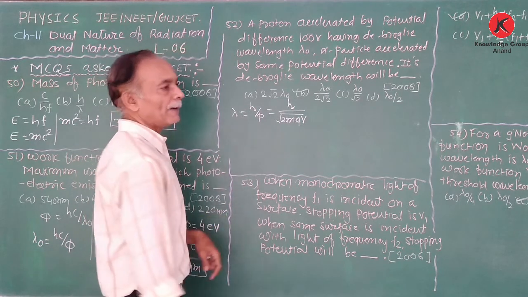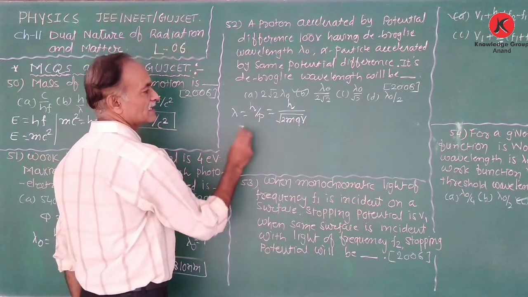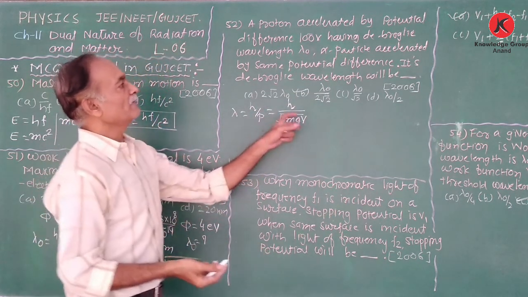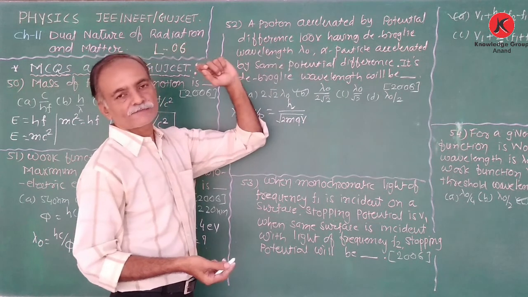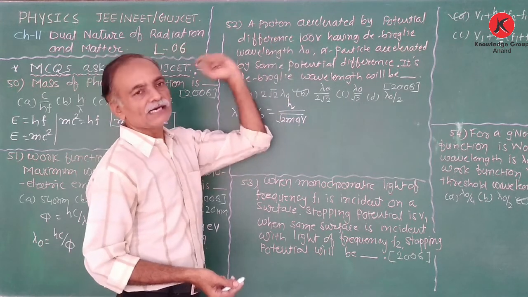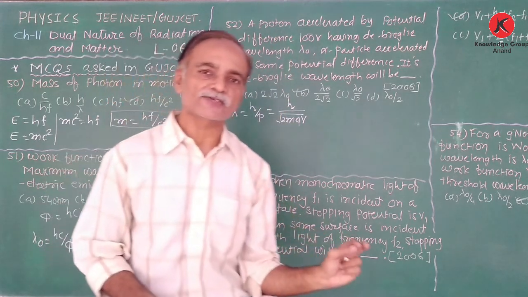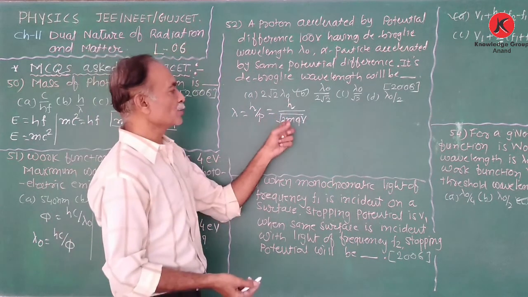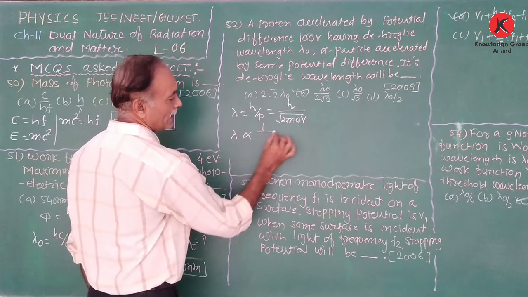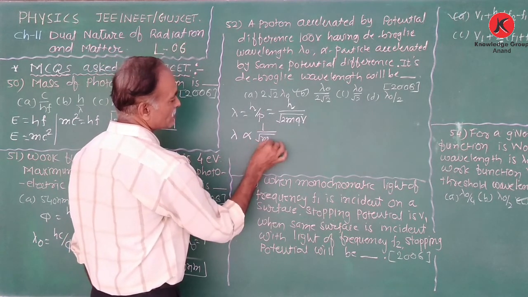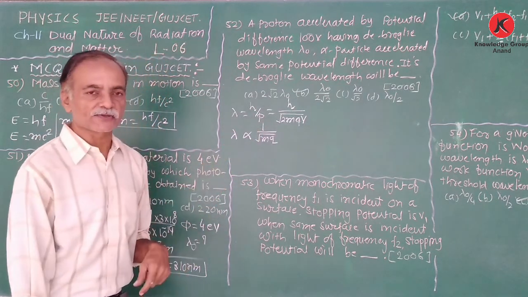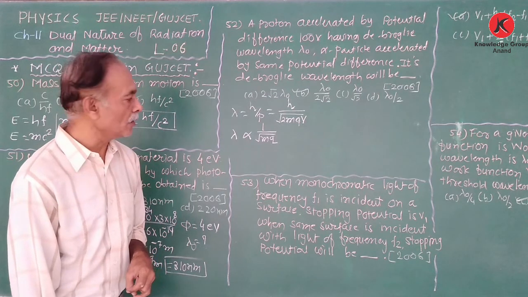Now for the alpha particle, in this equation h upon under root of 2mqV, the voltage is given the same. To accelerate either the proton or the alpha particle, both are accelerated by the same potential difference of 100 volt. Therefore, h, 2 and V are constant. Therefore, the de Broglie wavelength is inversely proportional to the under root of mass into charge.